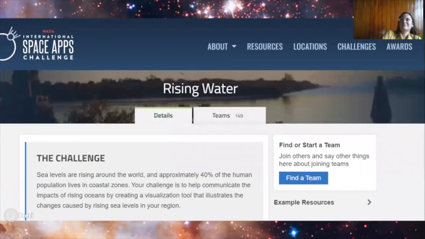So how is it that we are using this process of computational thinking when we are participating in this International Space Apps Challenge? Well, Space Apps is all about computational thinking.